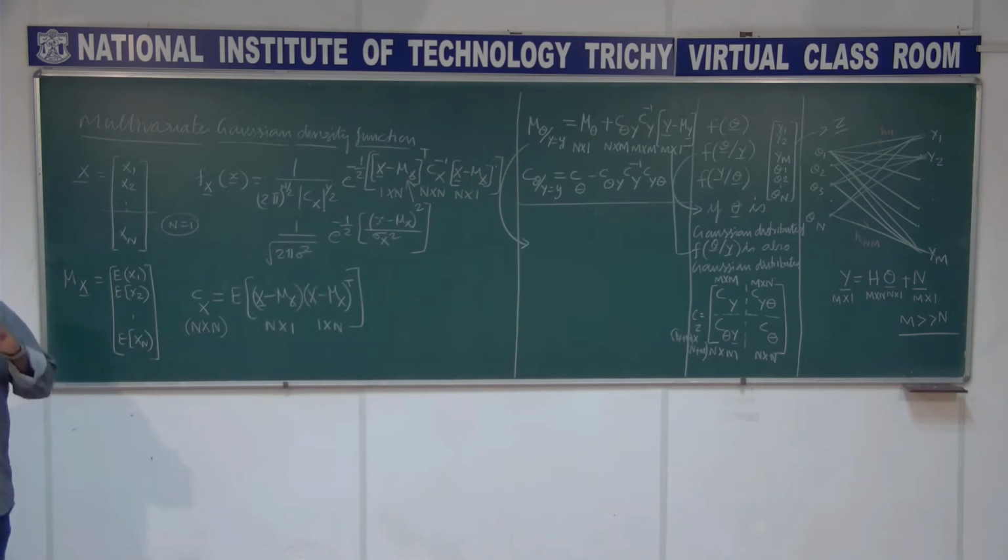Just for the sake of completion, you must know the result, so I am writing this covariance matrix of the density function theta given y equal to y. But as far as this problem is concerned, we are interested only in the mean vector, not the covariance matrix. The mean vector itself is the solution. That itself is an estimate.